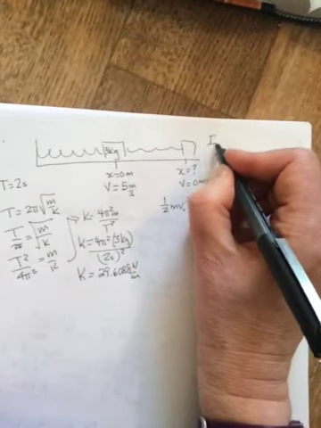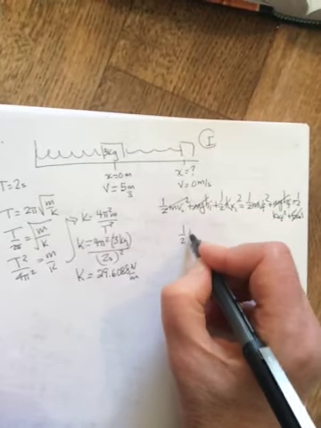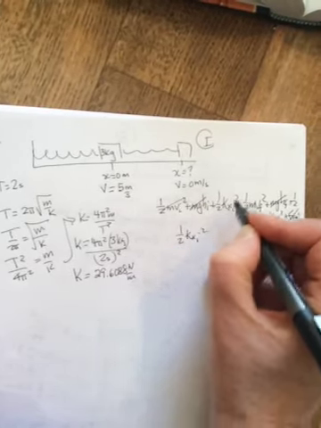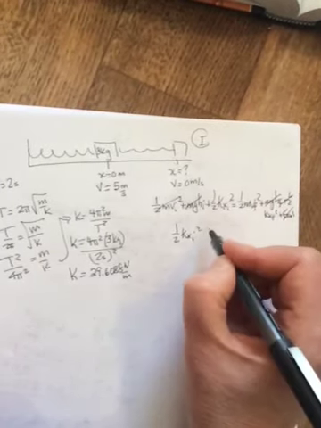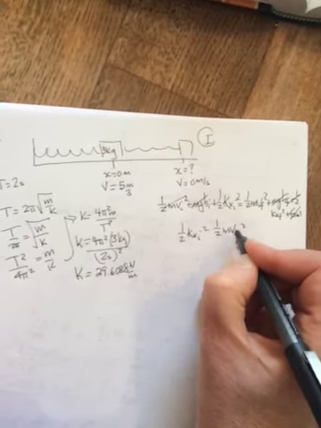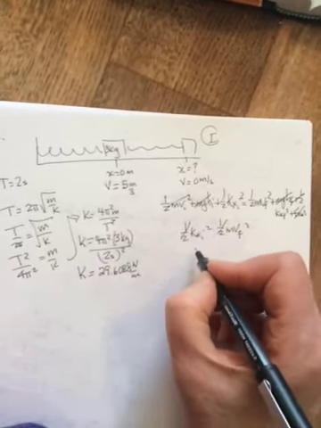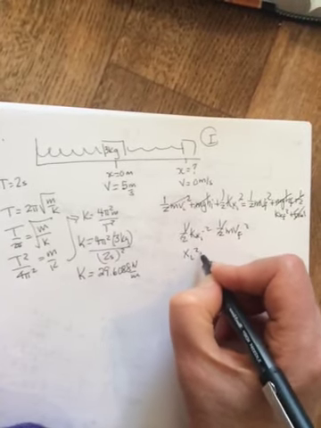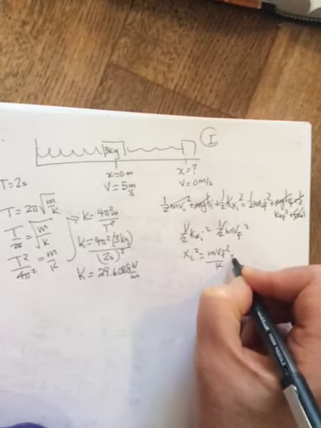If I call this my initial out here, then there's no speed, but there is a 1/2 kx initial squared. And in my final, there's no x, but there is a 1/2 mv final squared. The halves cancel, and I am looking for amplitude. I'm looking for x. So x initial squared equals mv final squared over k.